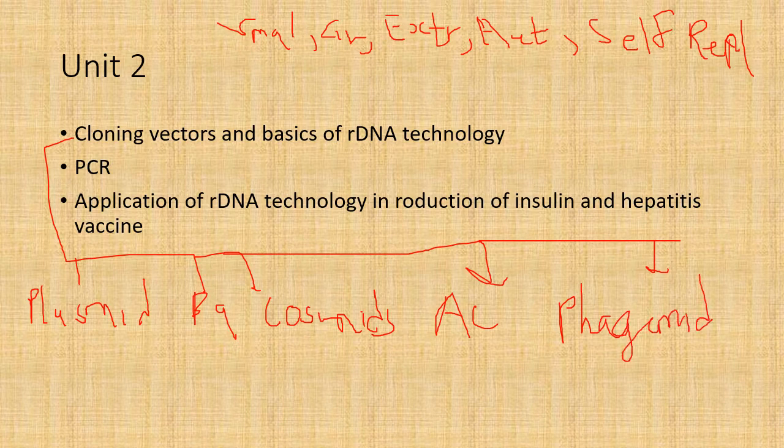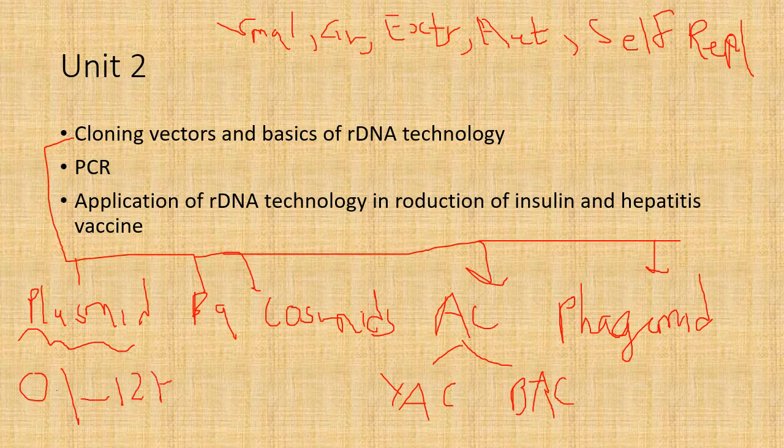Now in artificial chromosomes you have yeast artificial chromosome and bacterial artificial chromosome. Depending upon the type of shuttle vector required, we use the vector. Plasmids are usually capable of 0.1 to 12 kilo base pairs, while bacteriophages have a capability of 10 to 20 kilo base pairs.